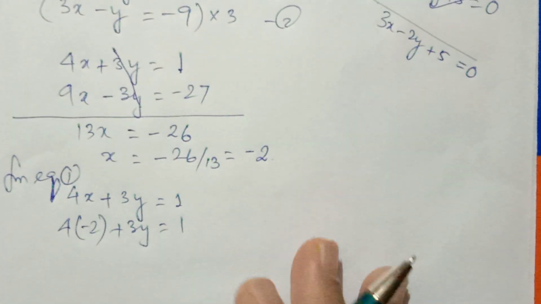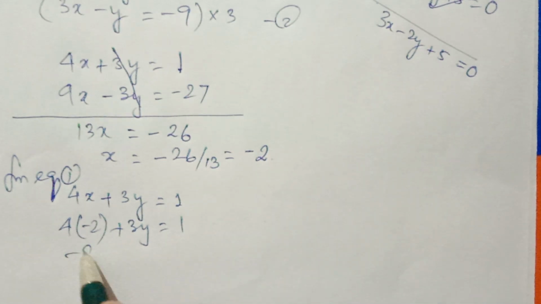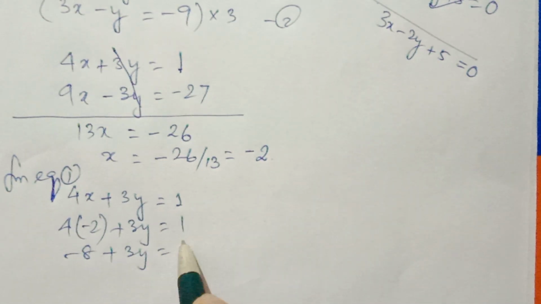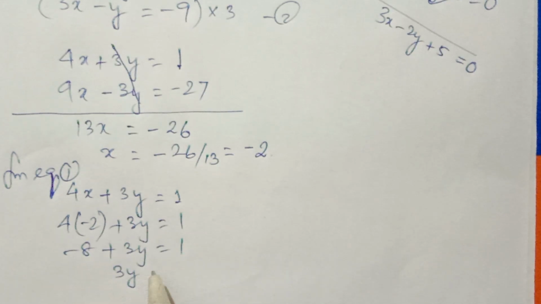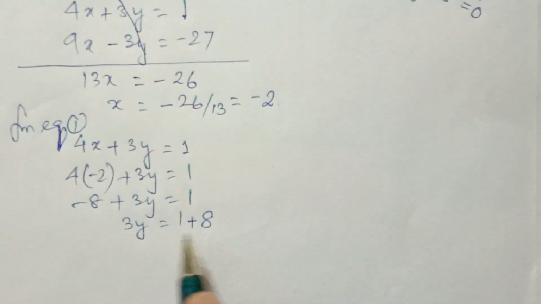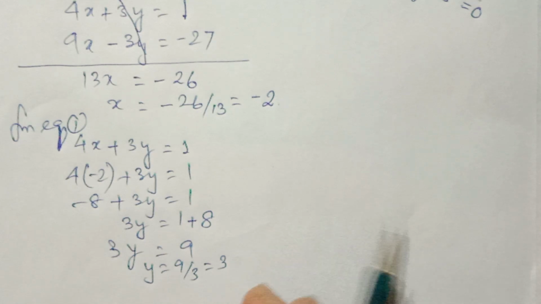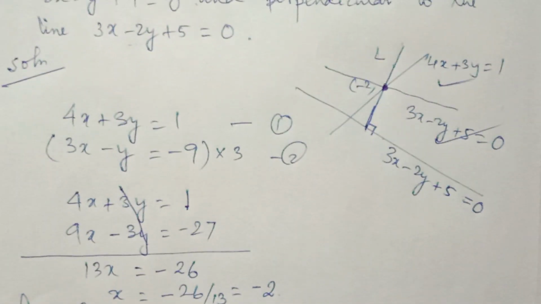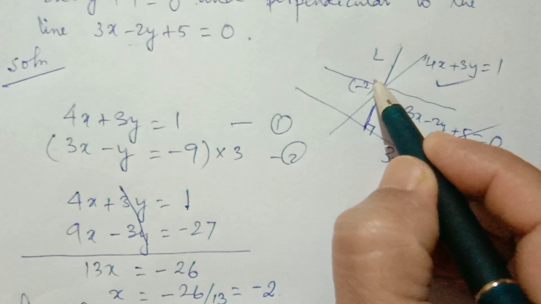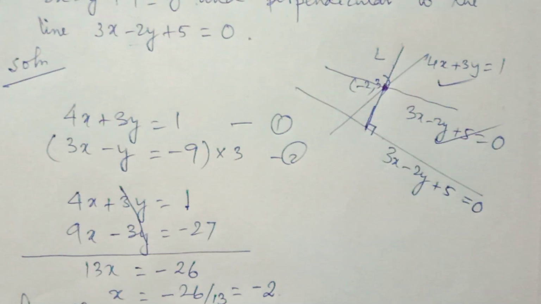Then minus 8 plus 3y equals 1. So 3y equals 1 plus 8. This minus 8 will go that side. Then 3y equals 9, y equals 9 over 3, that is 3. Then the point required here is minus 2, 3. Now we have got the point through which this required line will pass.